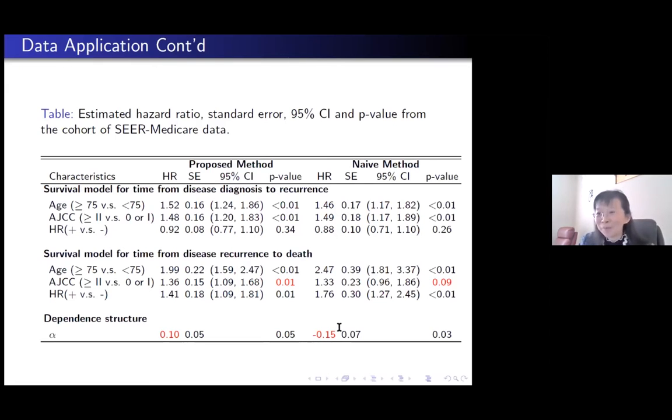So we conducted an additional simulation study to evaluate this finding. When the strength of association is moderate, if we ignore the biased sampling issue, the naive method can produce the opposite direction for the association parameter in our simulation studies.